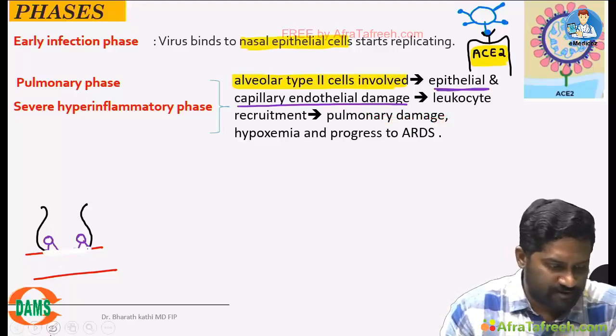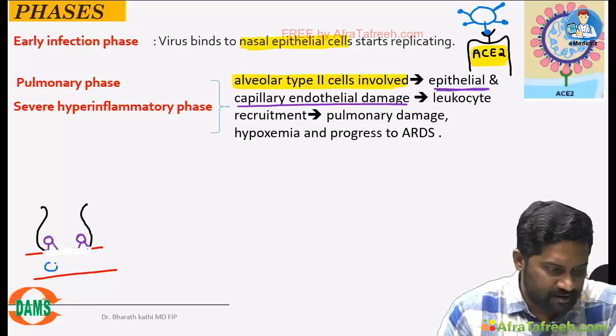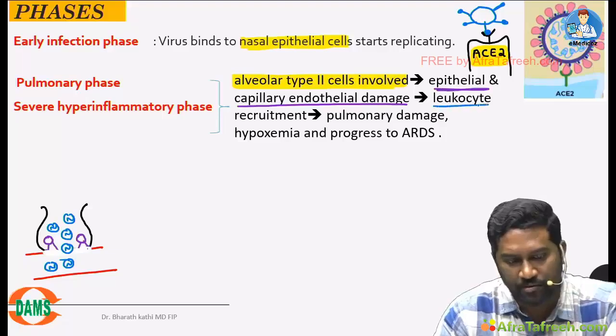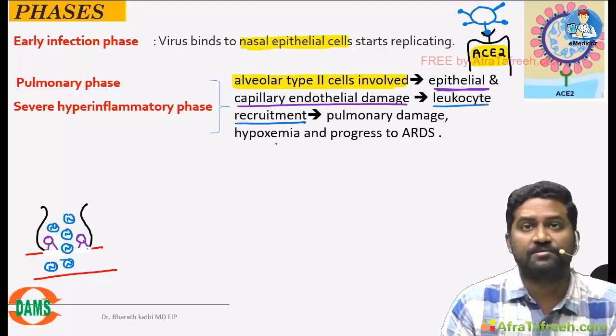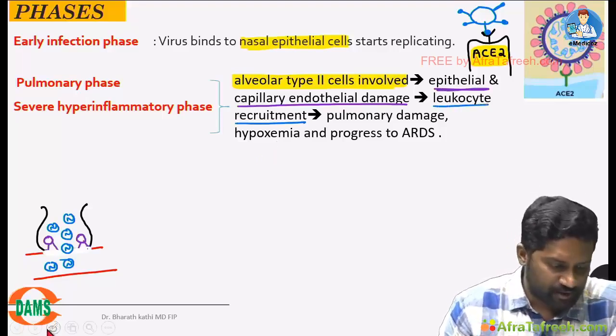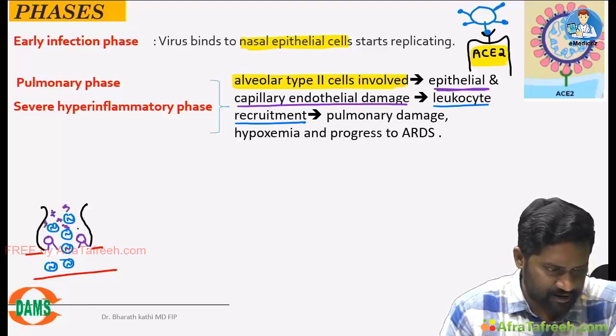Now because of this damage, there will be a leak from the circulation of notorious cells called neutrophils. These neutrophils will gain access into the alveoli. Next step is leukocyte recruitment. What are those leukocytes? Neutrophils. And wherever neutrophils go, what is their function? Inflammatory damage. So it is going to cause inflammatory damage and formation of exudate.